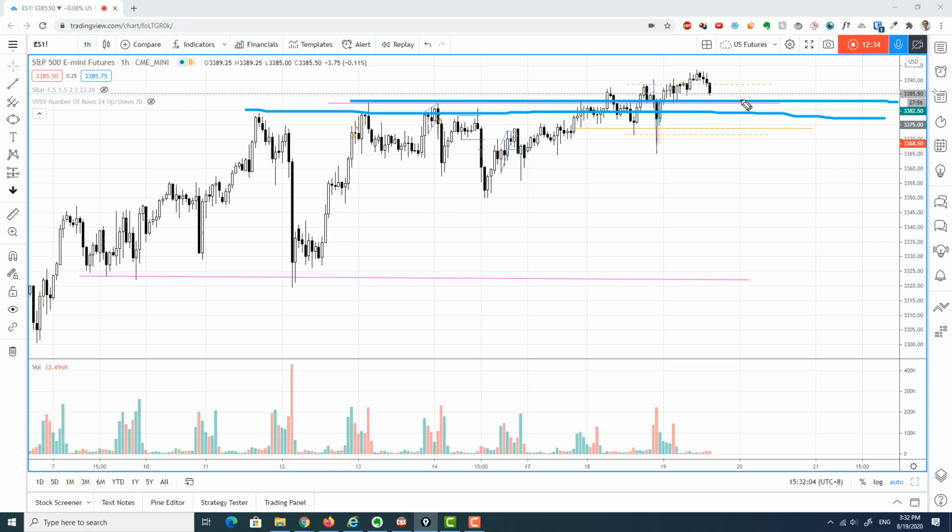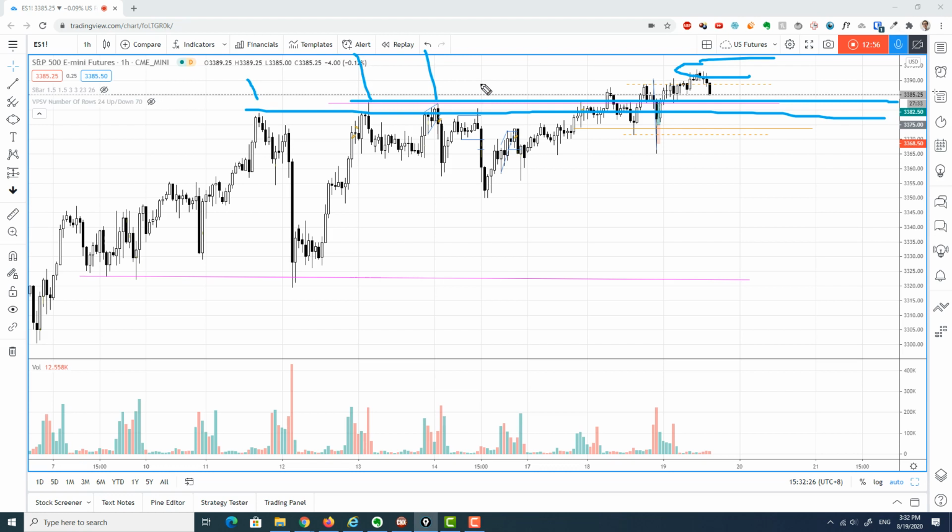For the immediate resistance level, I think we are just right into the resistance level from 3385 to the all-time high level near 3400. So just right within the resistance area. But for the obvious supporting level, definitely the swing high level here.